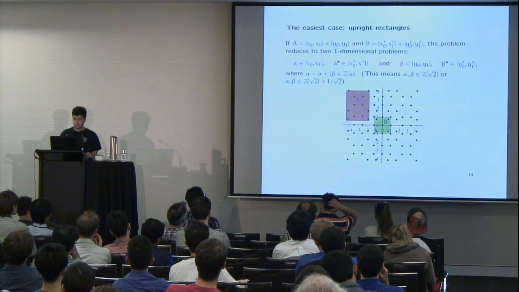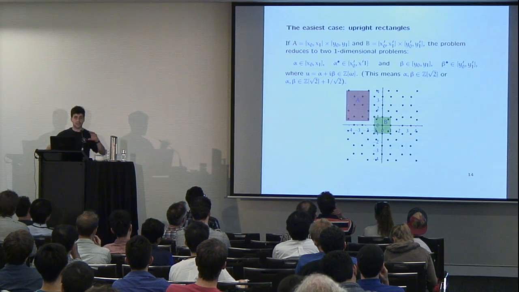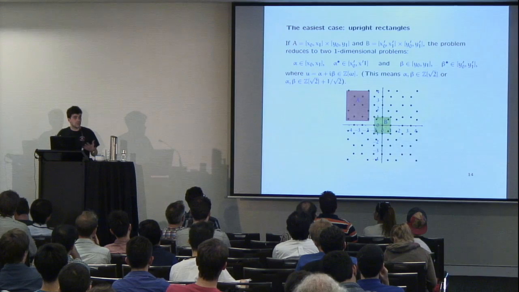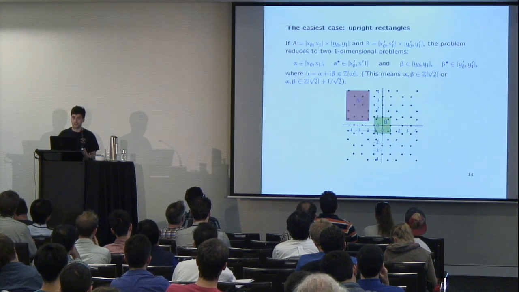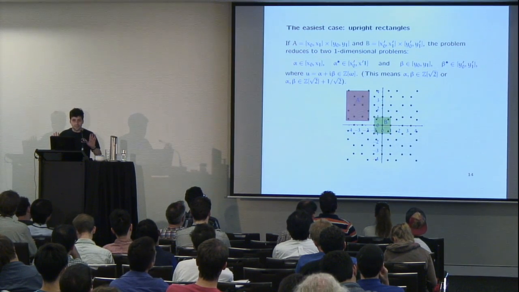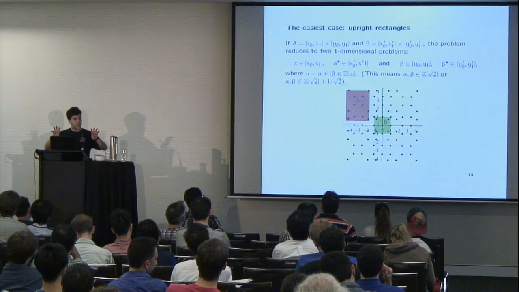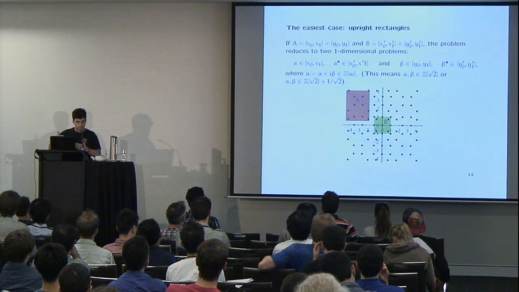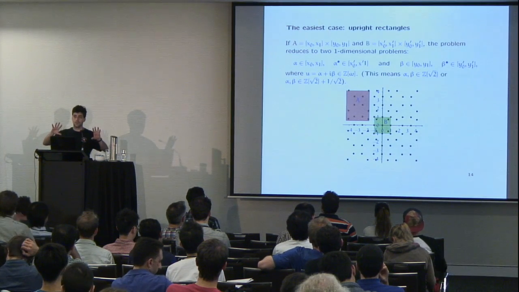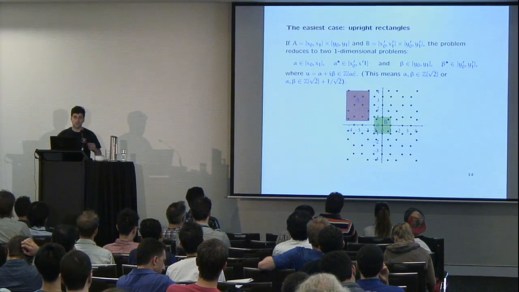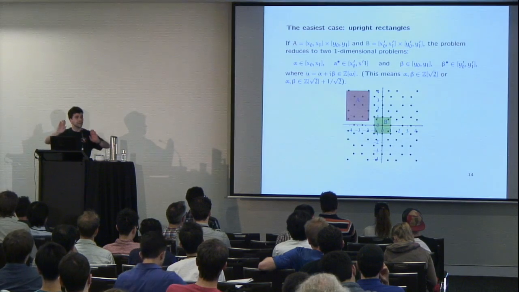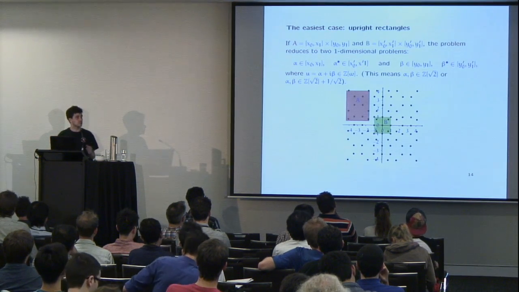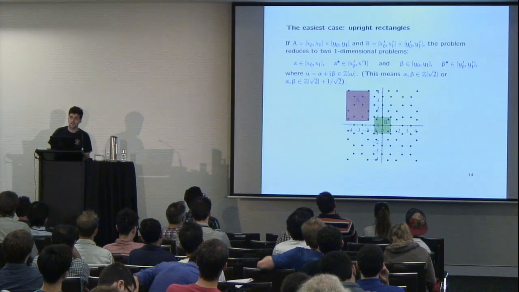There are some particular choices of convex sets for which we know how to solve the two-dimensional grid problem. The easiest of those is when both A and B are upright rectangles, the Cartesian product of two intervals. Essentially it's just two rectangles whose sides are lined up with the x and y axes.